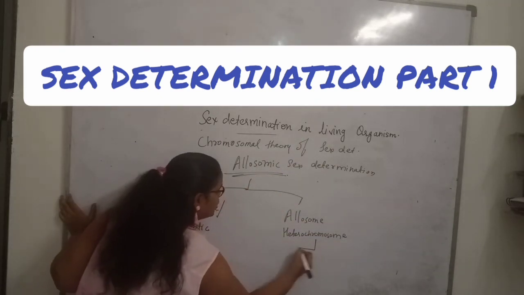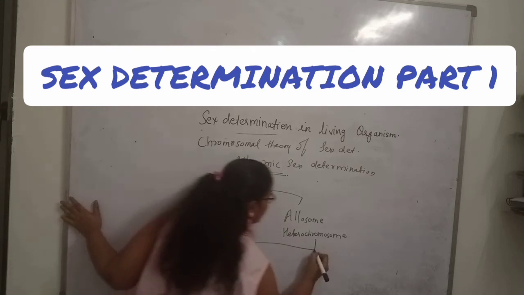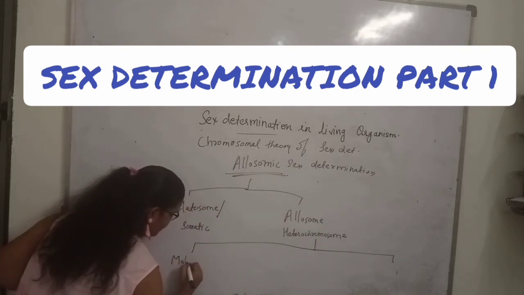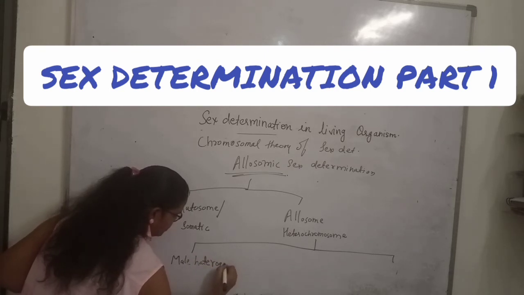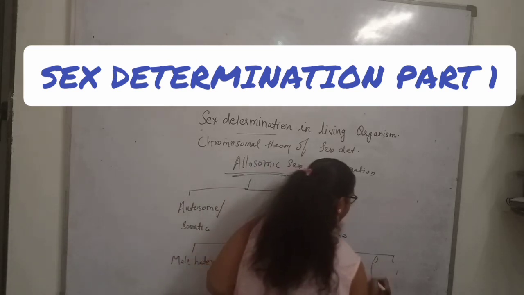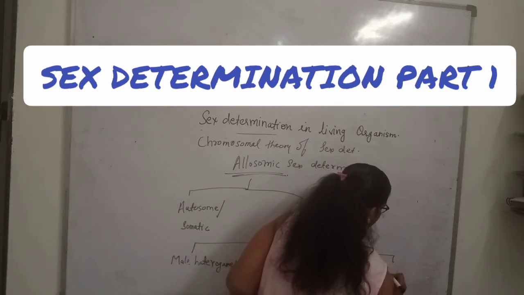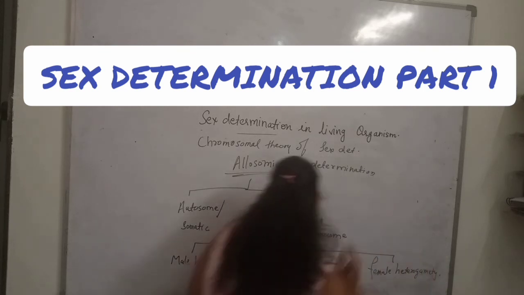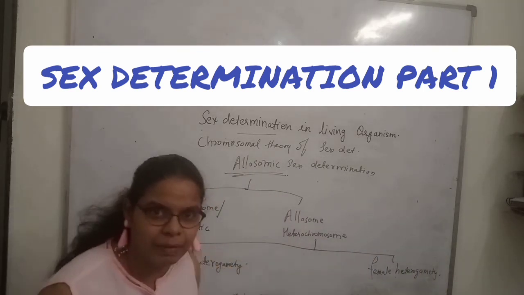In allosomic sex determination also there are two types: male heterogamety and female heterogamety. Okay? Male heterogamety and female heterogamety.